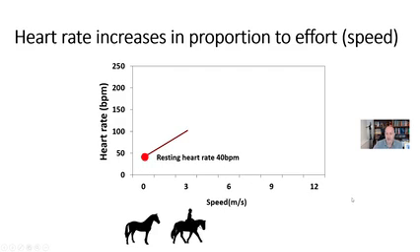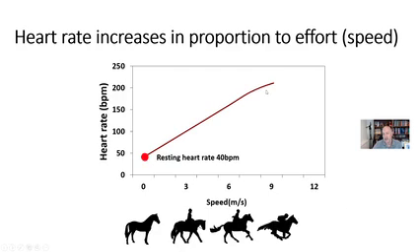So if we start at a resting heart rate of around 40 and we put the horse into trot, we should see an increase in heart rate. If we go into canter, we should see another increase. And then as we get into gallop, we start to reach a plateau, because obviously the heart rate can't keep going up forever and ever.